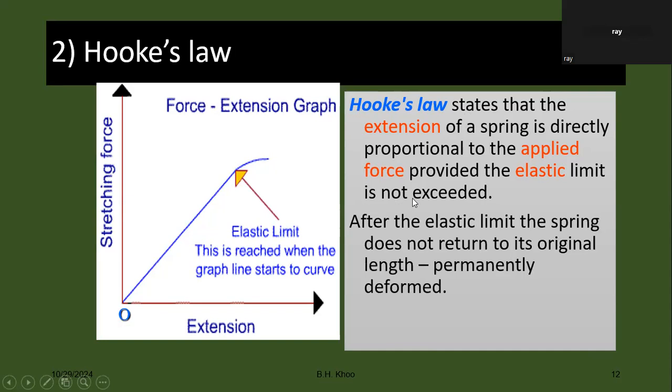After the elastic limit, the spring does not return to its original length anymore. I think this one has a mistake. This is called proportional limit rather than elastic limit. This diagram is taken from the internet. This is supposed to be proportional limit. Elastic limit is after that, where the curved part is. We call it permanently deformed.